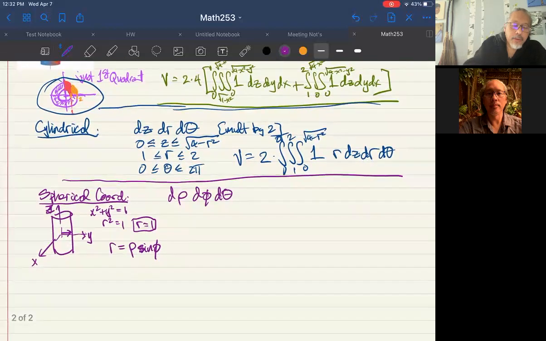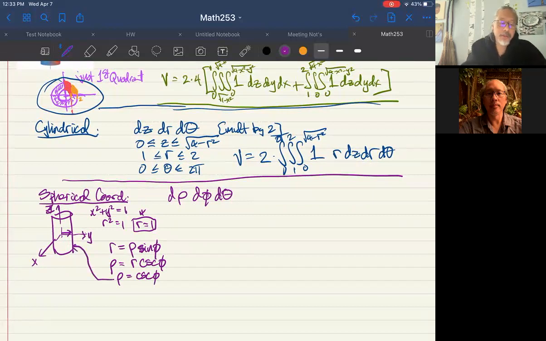Now, if we have that, we can express rho to be equal to r divided by sine phi, or r times the reciprocal of sine, which is cosecant. And then knowing that r is equal to 1, we can just say rho is equal to cosecant of phi. So that's what this cylinder is actually expressing.